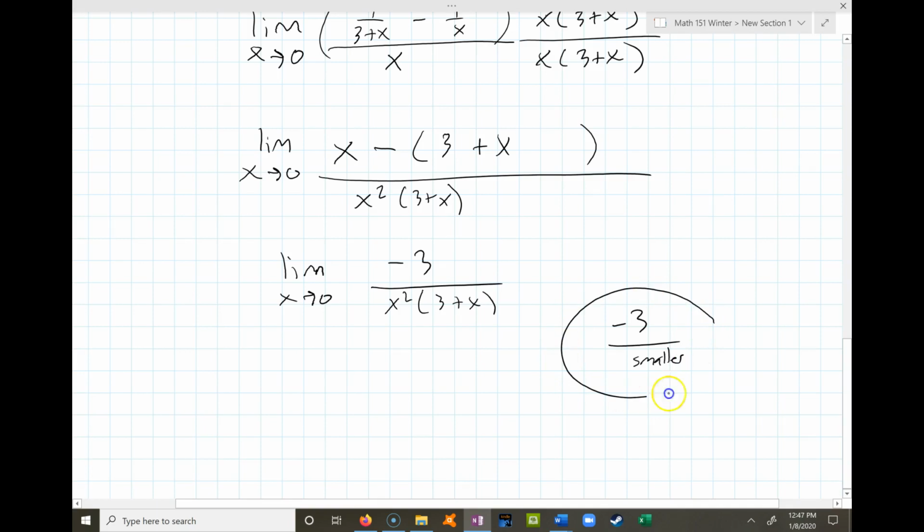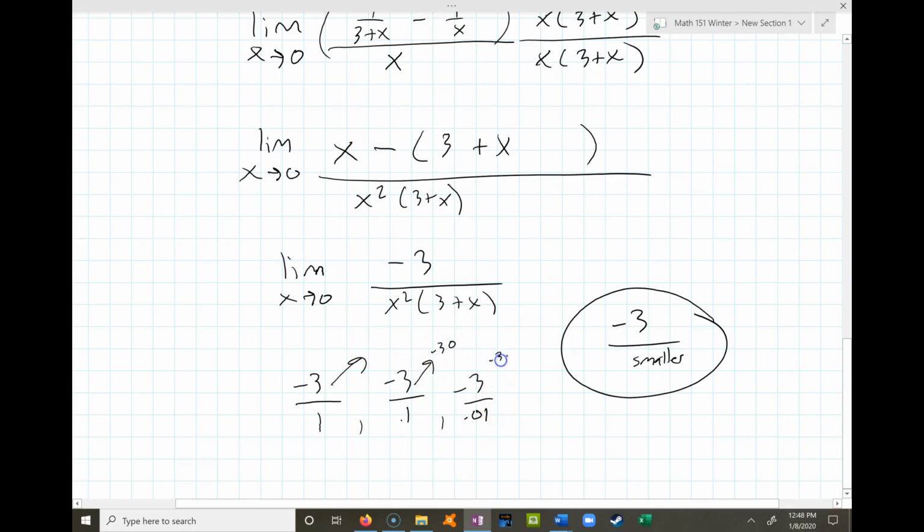What happens to the overall fraction as the top is set and the bottom is getting smaller and smaller? So think of negative 3 over 1, and then negative 3 over 0.1, and then negative 3 over 0.01. Of course, this is just negative 3. That is going to be negative 30, right?